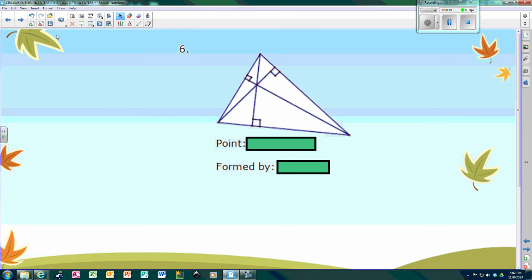All right, so now let's talk about this. We're going to decide, based on these markings, which lines are they? So we are starting at our corners, and we're perpendicular. So that means it has to be an altitude. And if pretty cats are inside and mean cats are outside, so I'm thinking, let's go back here.